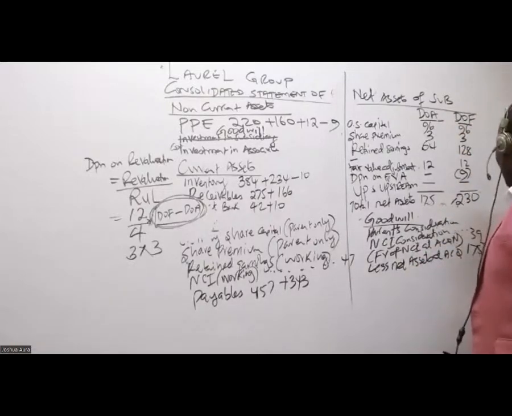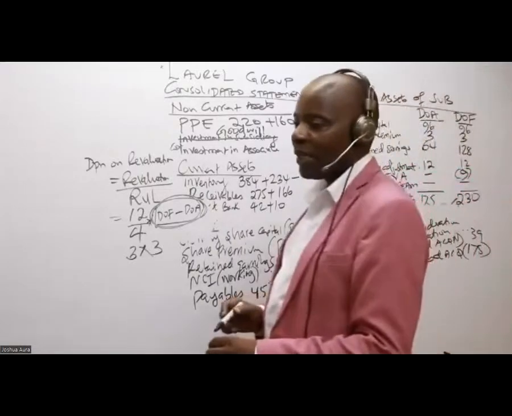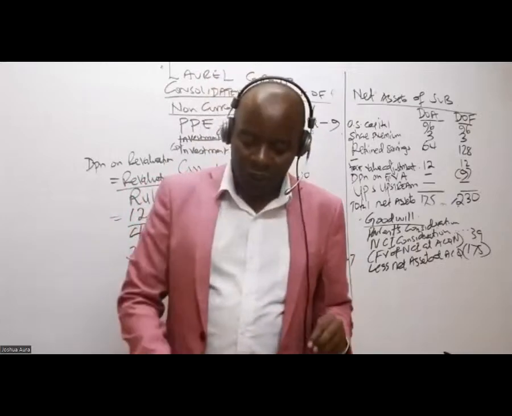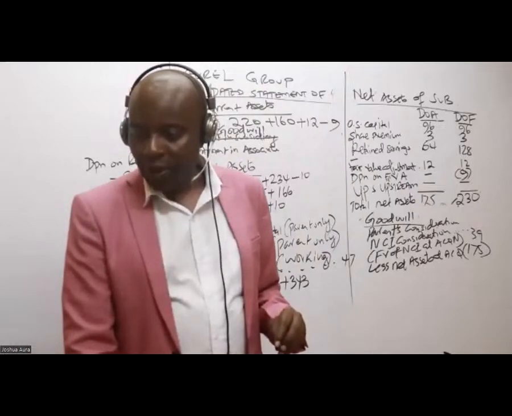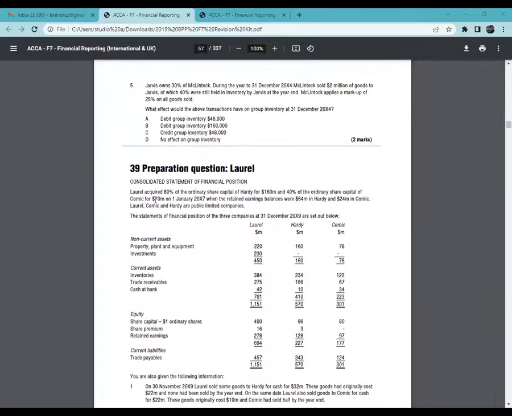So then the only thing I need will be the parent's consideration. How much did the parent pay for their stake? Parent's consideration, 160, right? I'm told dear Laurel acquired 80% of the ordinary share capital of Hadi for 160 million.